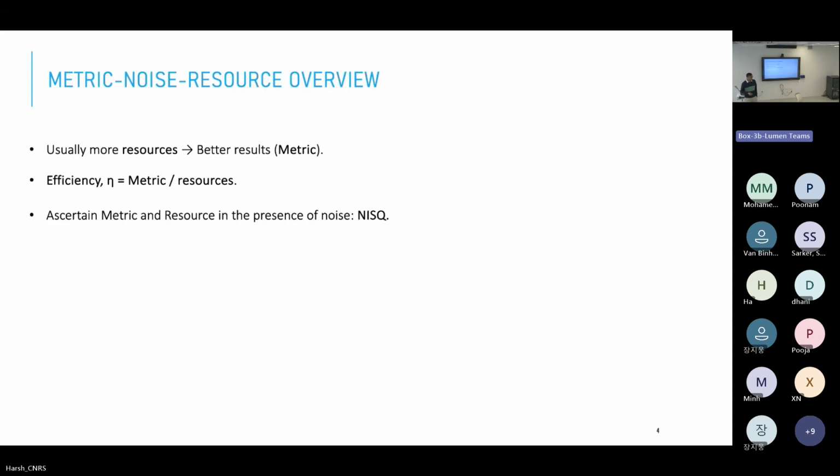So the question then becomes, how do this metric and resources scale in the presence of noise? Technically you have a very noisy computation, and the question is, what is the best that you can extract from it, and what are the resources that you have to invest in order to extract those results?